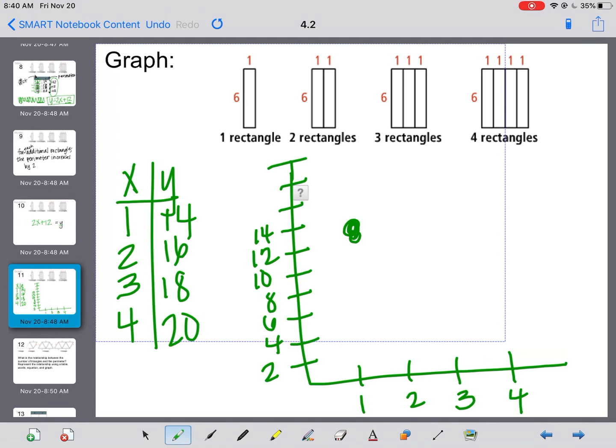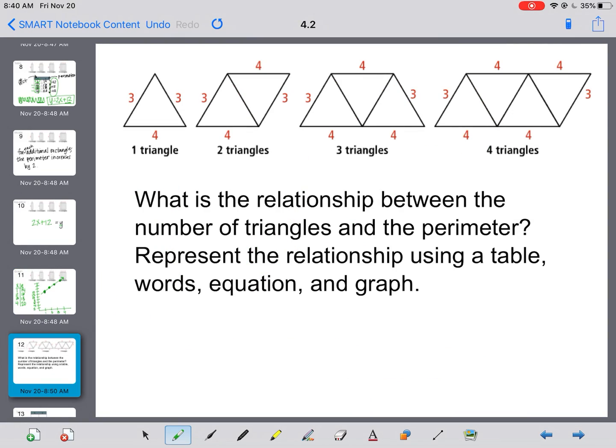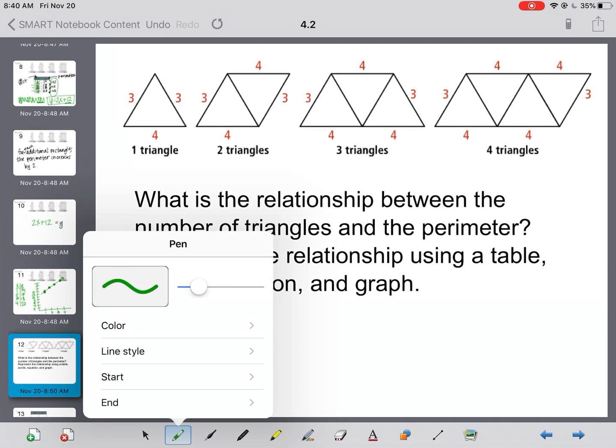I'm counting by 2's over here. So 1, 14, 2, 16, 3, 18, and 4, 20. Because the same thing is happening every time, it should make a straight line. That's the linear part.